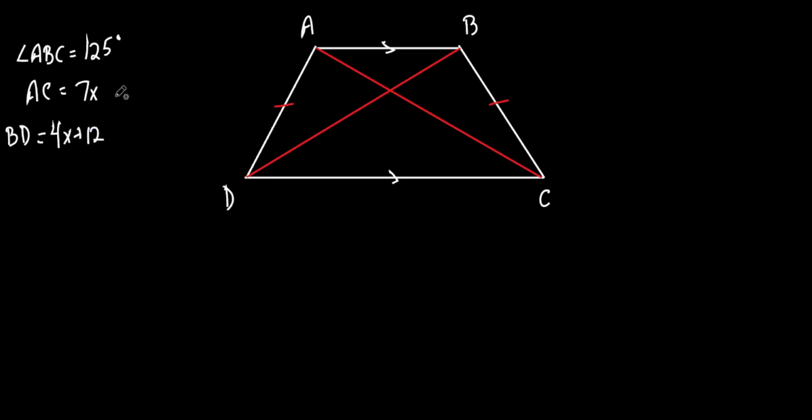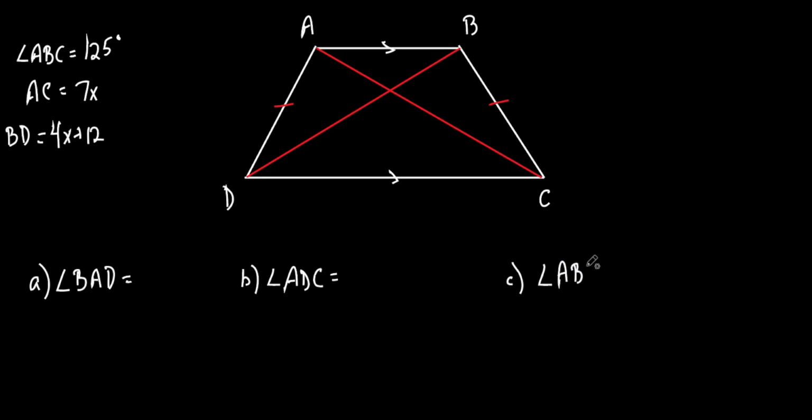All right. And they ask you to find a whole bunch of stuff. So let's write down what they ask you to find. They ask you to find angle BAD. They ask you to find angle ADC. And they ask you to find angle ABD. So they ask you for these three angles. Actually, they ask you for 5 different angles.